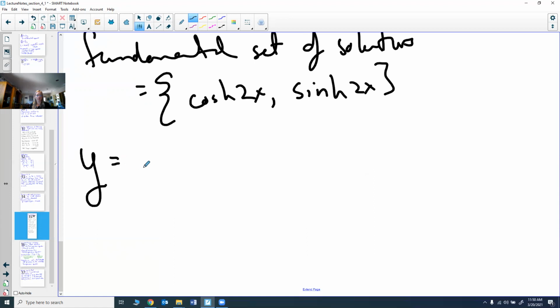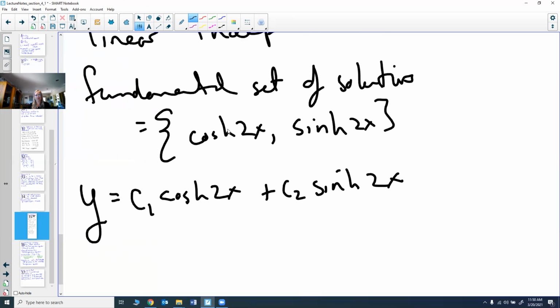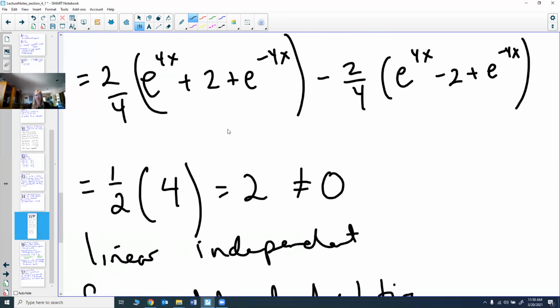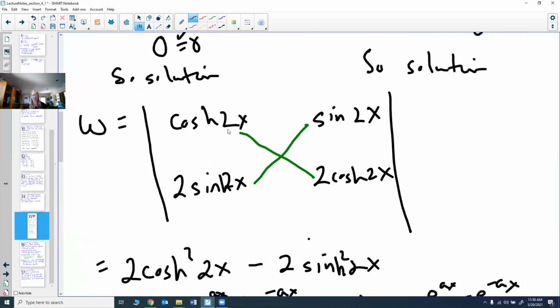Our solution would be C1 times the cosh of 2x plus C2 times the sinh of 2x. All right, and that's all there is to figuring these out, is finding this determinant. I would highly suggest you use technology to find the determinants for 3x3s, so they're not so large.